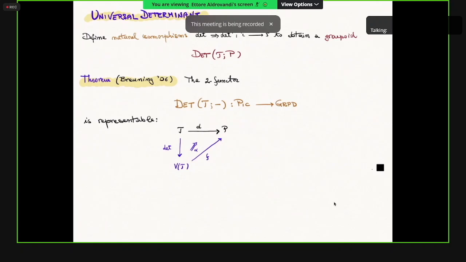So what that means is that there exists a certain nice Picard groupoid that's attached to your triangulated category that factors the determinant this way.